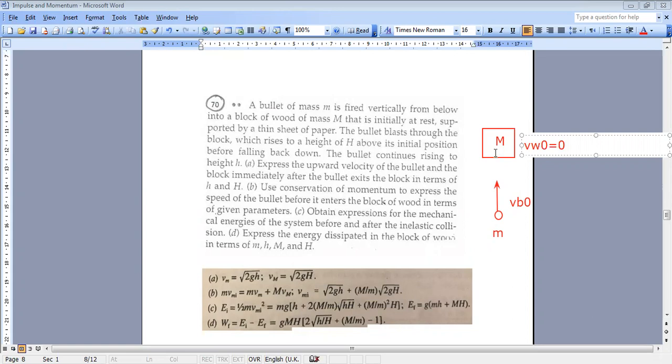The block will rise upward a certain distance big H above its initial position after collision.